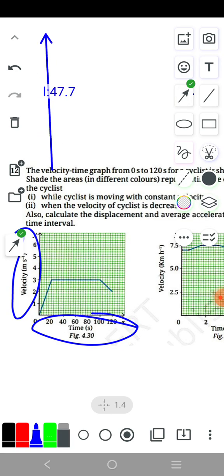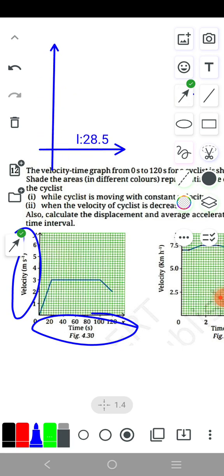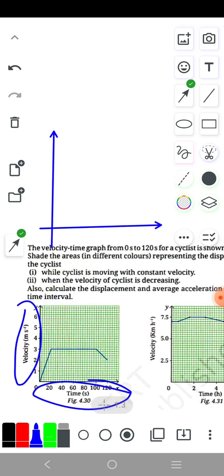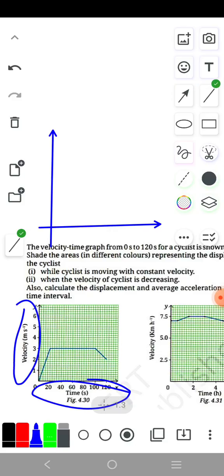If you are drawing an xy graph, suppose you have drawn a curve.